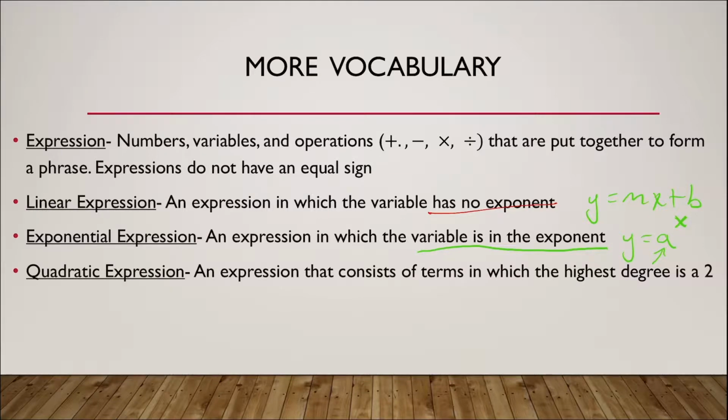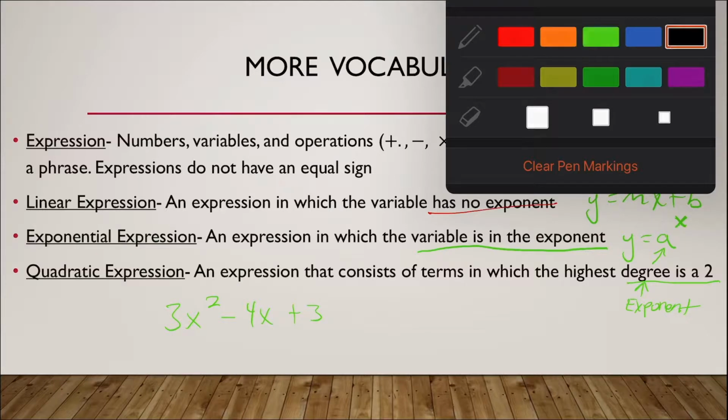Next, a quadratic expression is an expression that consists of terms in which the highest degree is a 2. So highest degree, that's talking about an exponent. So it'd be something like this: 3x squared minus 4x plus 3.